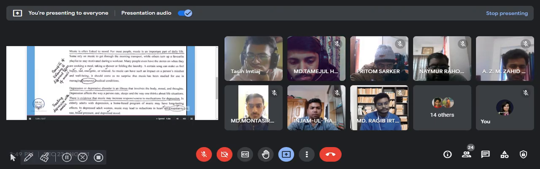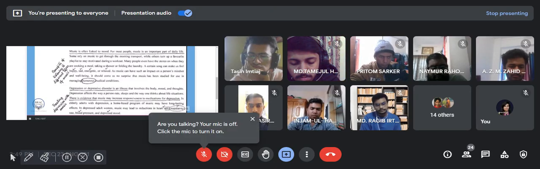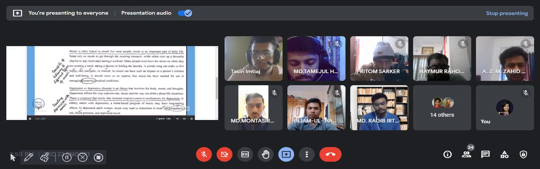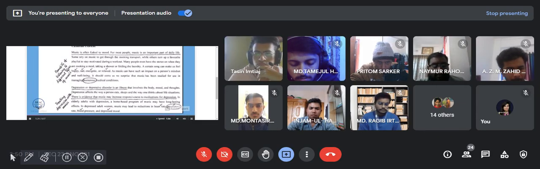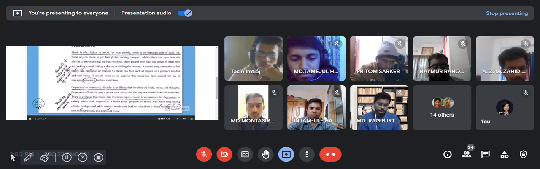The reader has also used the annotation symbols to identify the other important components of this article. Here, the reader has used tick marks to identify the examples of how music makes us feel. The reader has also circled two words as unknown words to check their meaning.